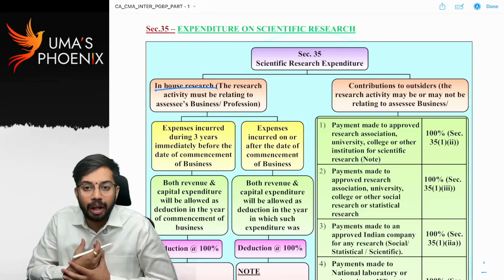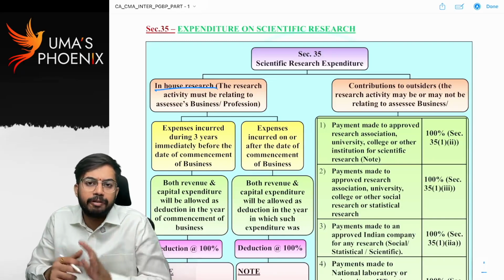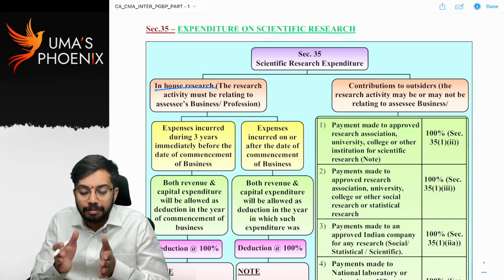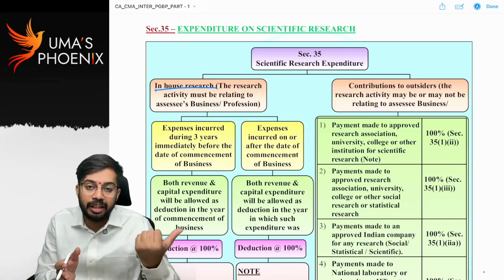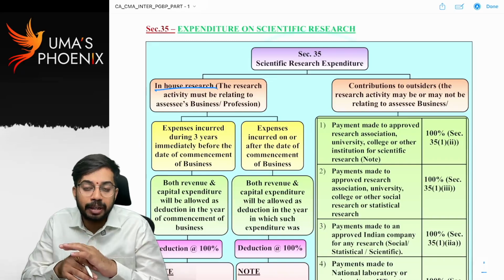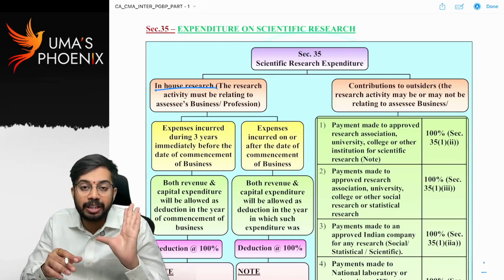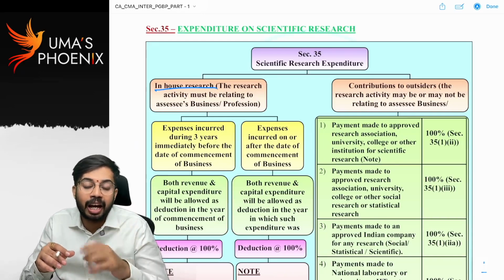Let's say today, on 19th February 2025, a business was started. From this date, for the last 3 years, whatever scientific research expenditure was incurred for this business is also allowed as deduction in the current previous year.